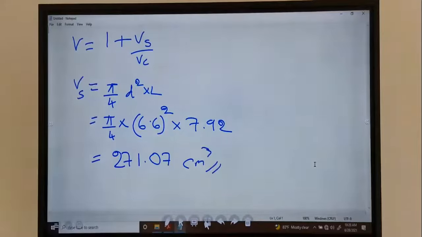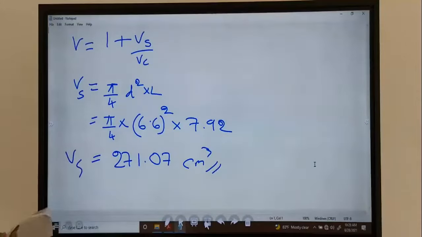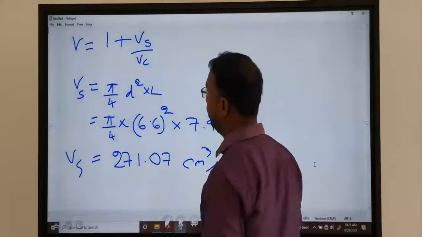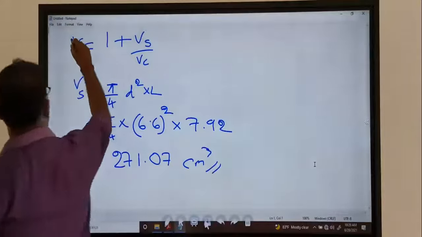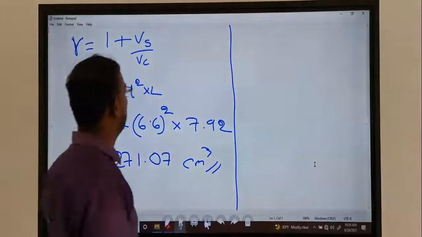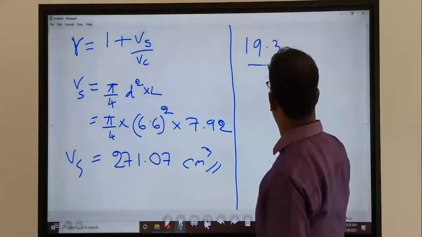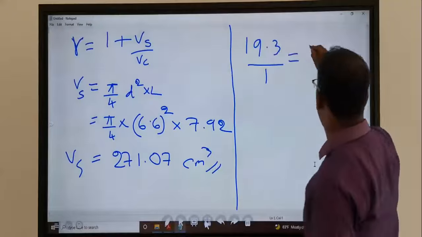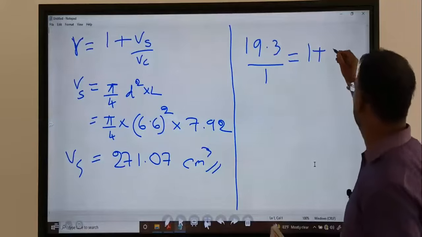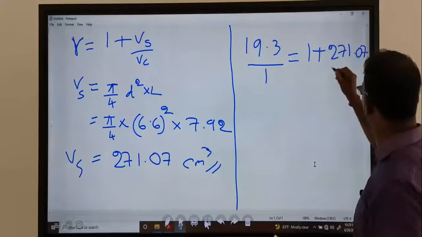So this is Vs, the stroke volume. Here R means the compression ratio, which we know, 19.3 to 1. R equals 1 plus Vs over Vc, with Vs now known as 271.07.